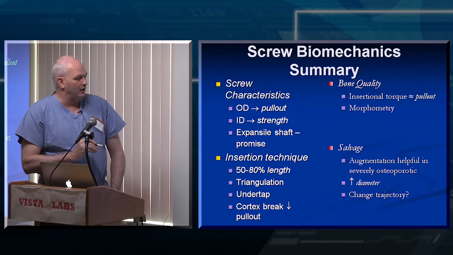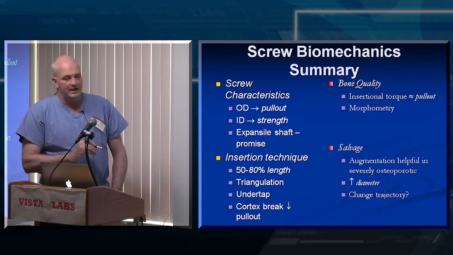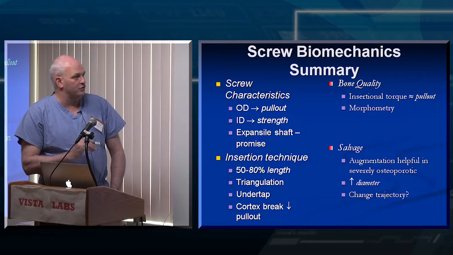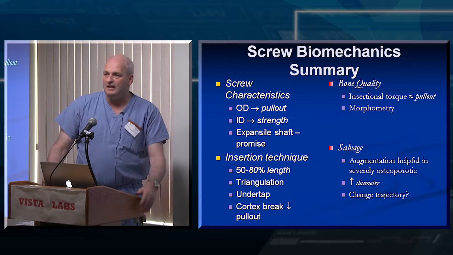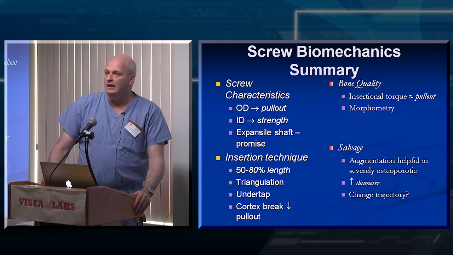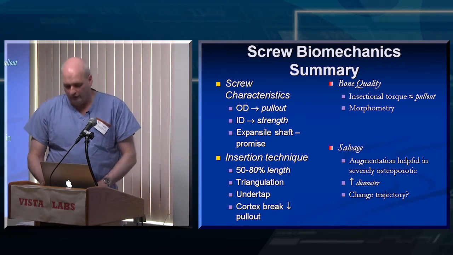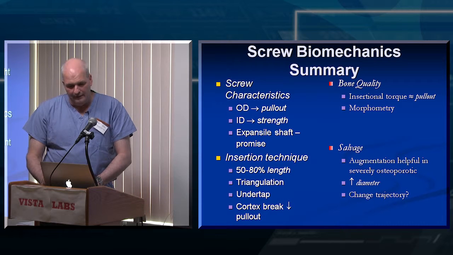Triangulation, you want to under tap. If you crack a cortex, it diminishes the pullout strength. Bone mineral density is really important for the overall construct integrity. And if you're going to salvage something, use a bigger screw. If you can't, then the use of methylmethacrylate is probably the most important thing to do.